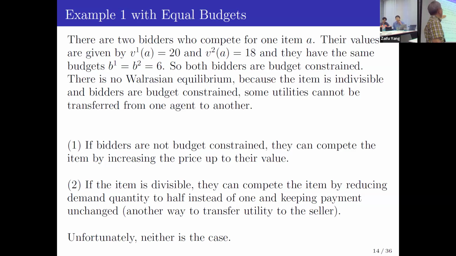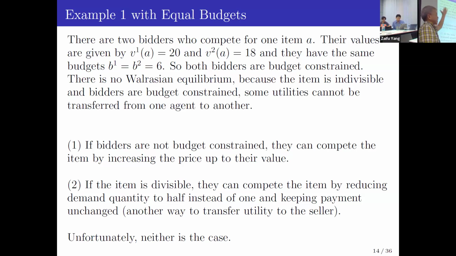If the bidders are not budget constrained, then the budget of agent 1 should be no less than 20, and for agent 2, no less than 18. Then you can always increase the price up to 18 and then slightly above, and bidder 2 will get the item. You have a valuation equilibrium, right?